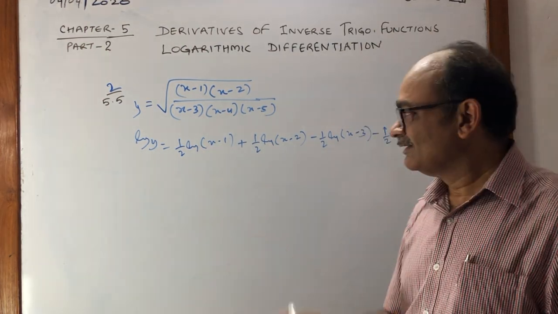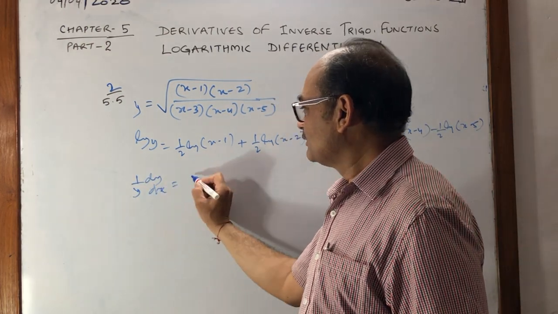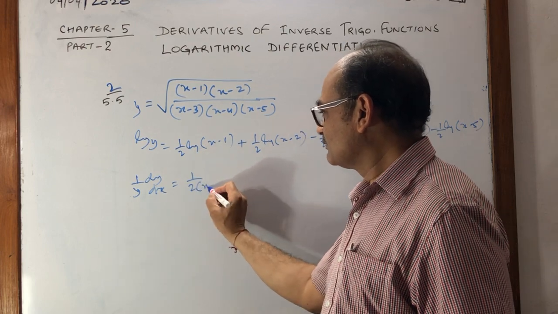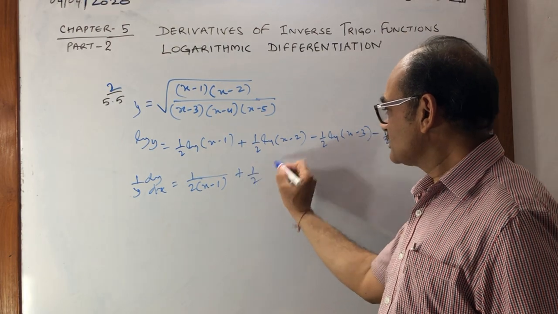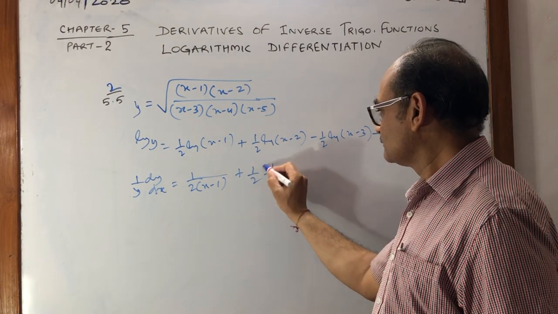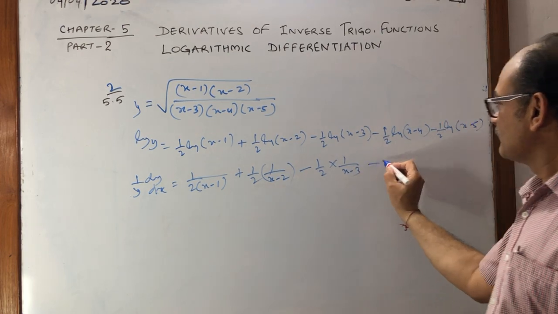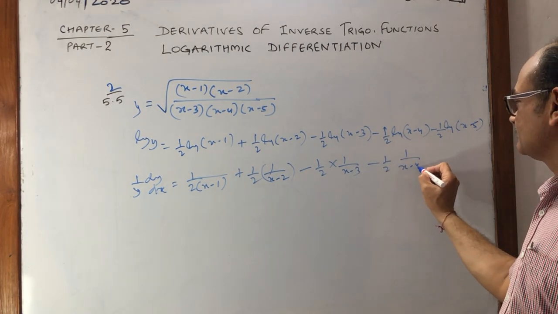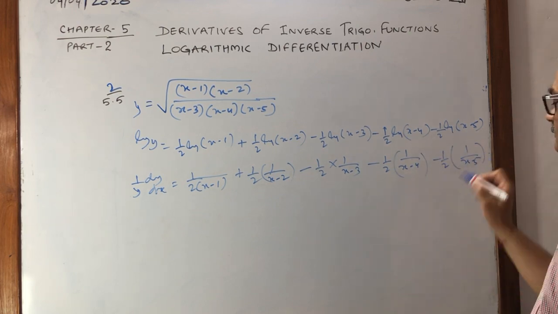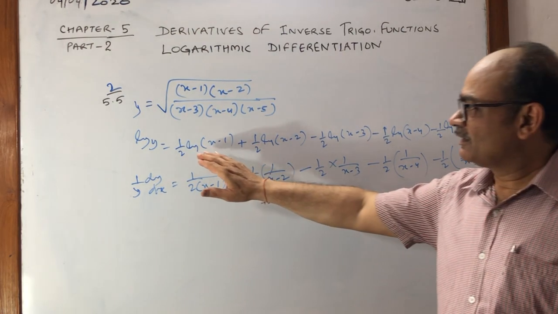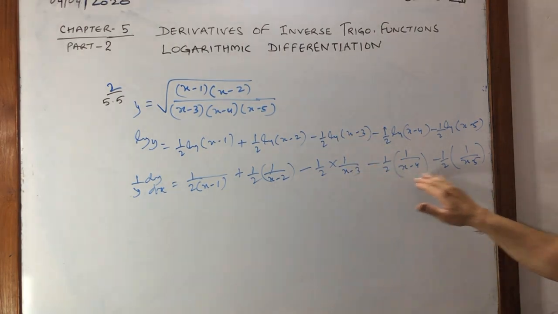Very simple question. Differentiating with respect to x, 1 upon 2 log something, half log something, half log something, half log something, and the last. Every time the formula is: derivative of log x is 1 upon x.